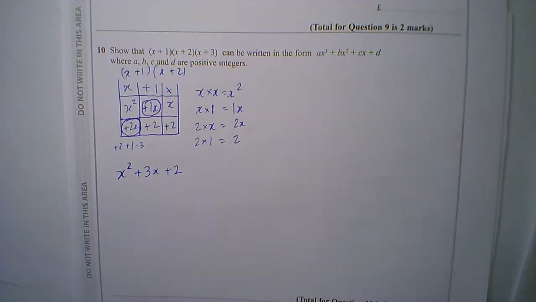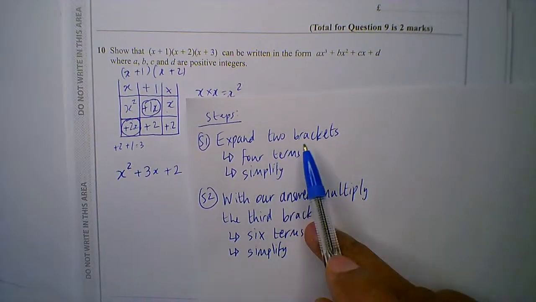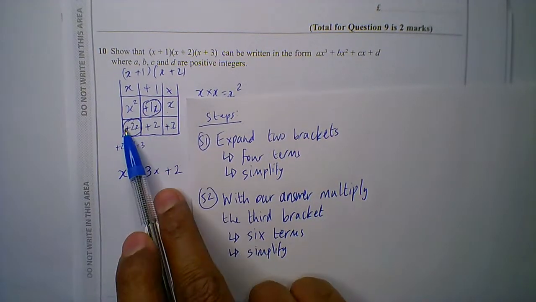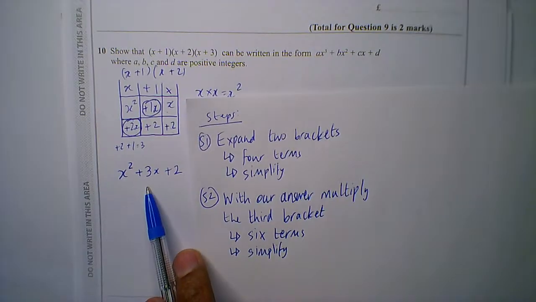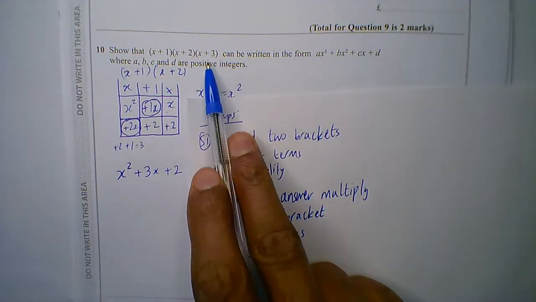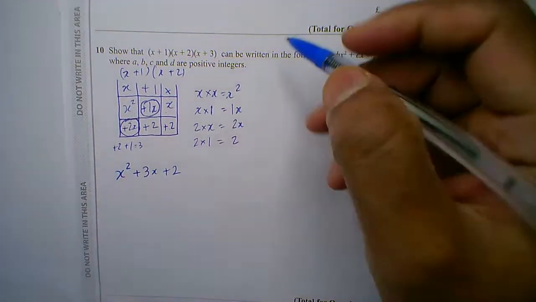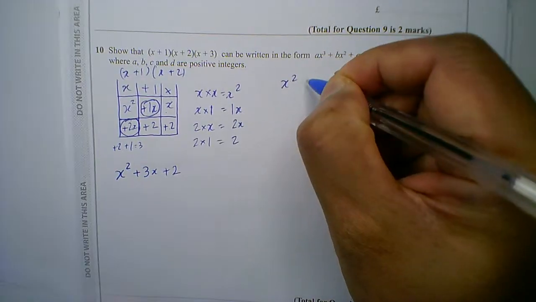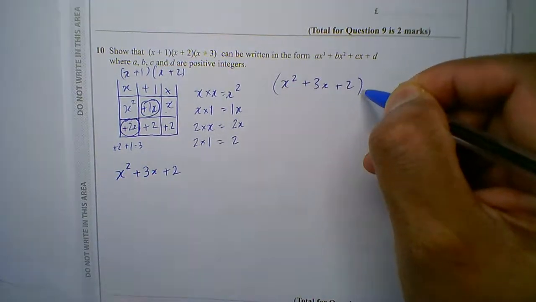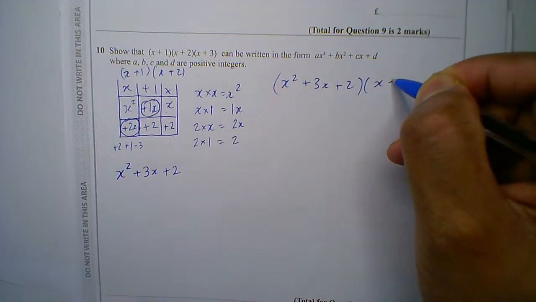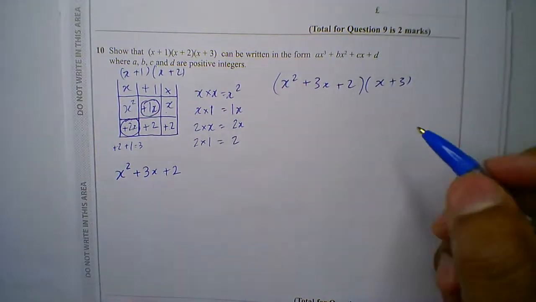So that's my step 1 done. I've expanded the 2 brackets. I had 4 terms, 1, 2, 3, 4. Then I simplified and I've got that. Now I'm going to take my answer and I'm going to multiply with the third bracket. So I'm going to have x squared plus 3x plus 2, multiply that by x plus 3. And so I'm going to draw the grid again.